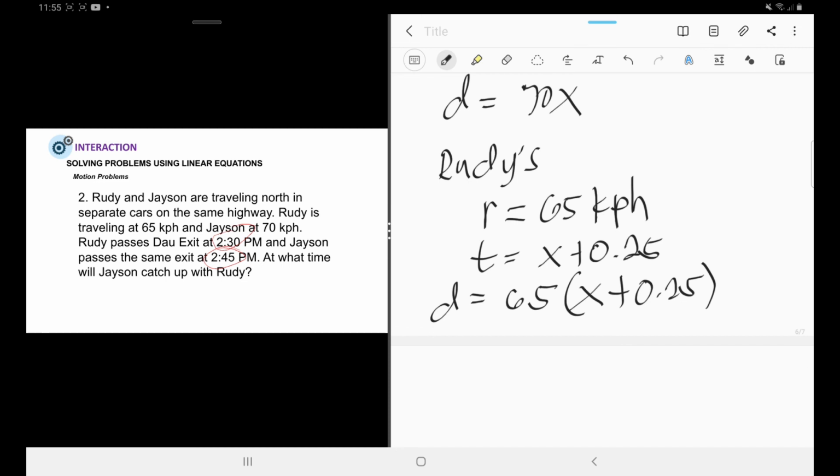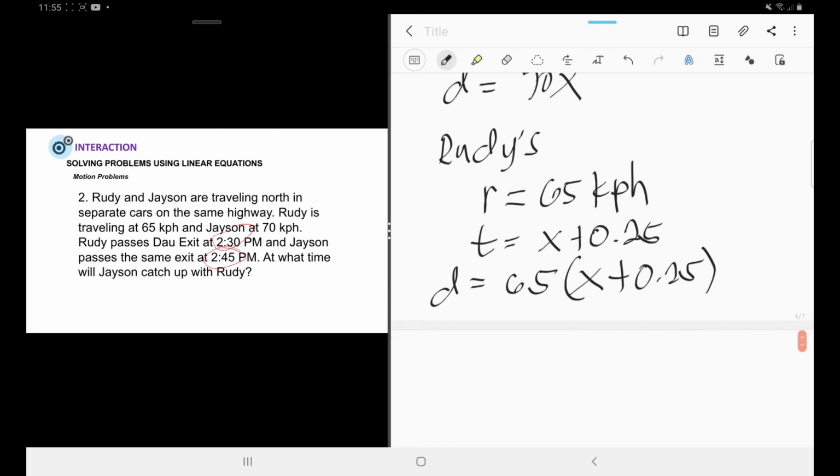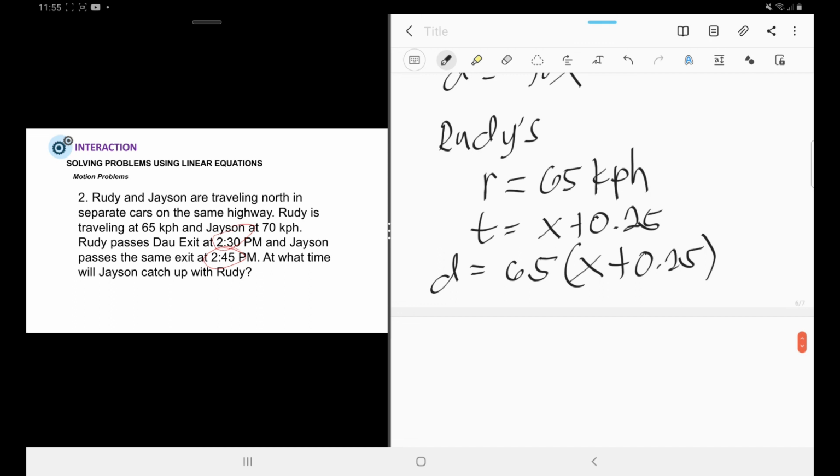So, in writing the equation, you have to take note that when Jason catches up, he and Rudy will be at the same distance. So, our equation will be based on that. Our equation now is 70x is equal to, the 70x is the distance traveled by Jason, and Rudy is 65 times x plus 0.25.